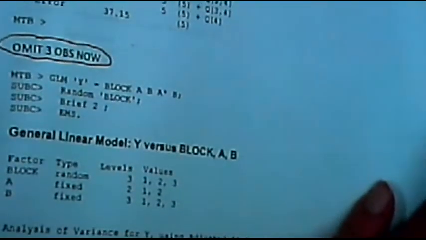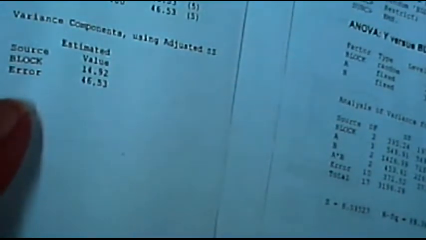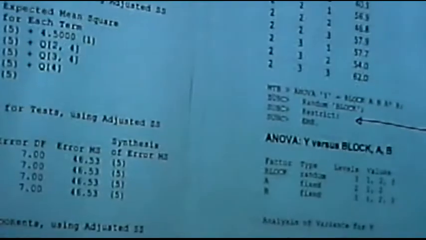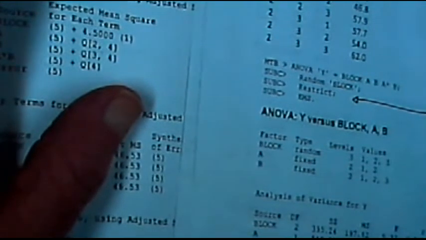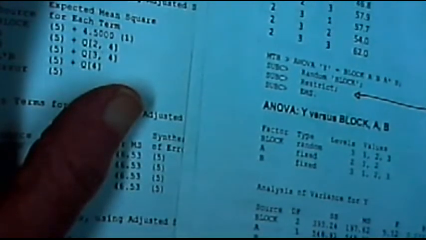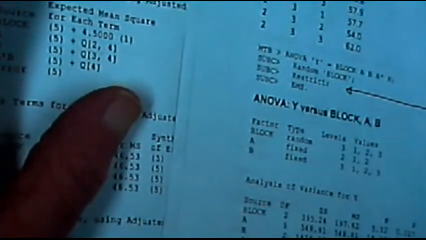Then I reran the data, omitting the 3 observations. What I noticed in the second run is that the total now has 14 degrees of freedom for error, whereas it started off with 17 degrees of freedom with the original data.